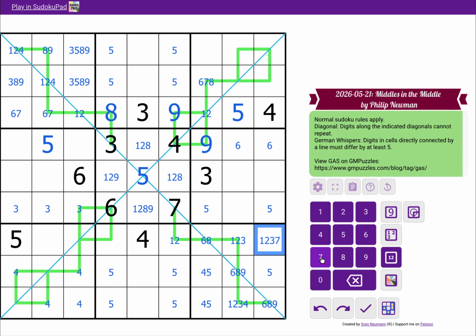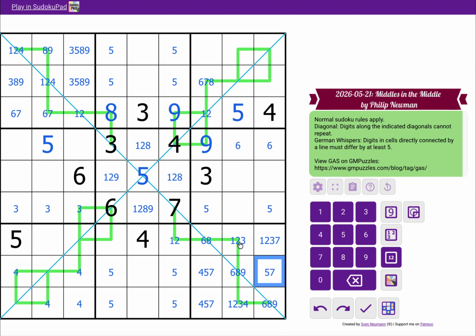And it could be a 7 too. Is this the only place a 7 can go? No, because 7 can't go here, can't go here. But 7 could go here, and it could go here. So this is a 4, 5, 7 triple. Potentially.